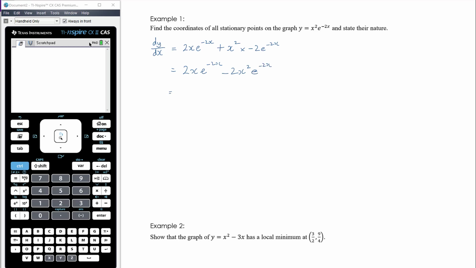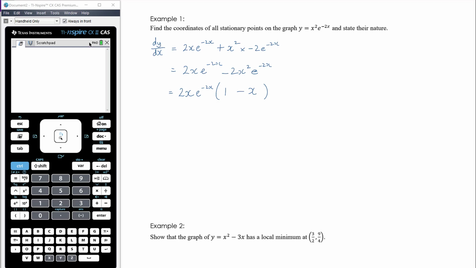So let's factorise because we're going to need to solve it, and this is where that algebra is important because solving this equal to 0, we need to actually factorise this. So common factors in these two terms, we've got 2 in common, we've got an x in common, and we've got e to the negative 2x in common. When we take that out, we get left with 1 in the first term and x in the second term.